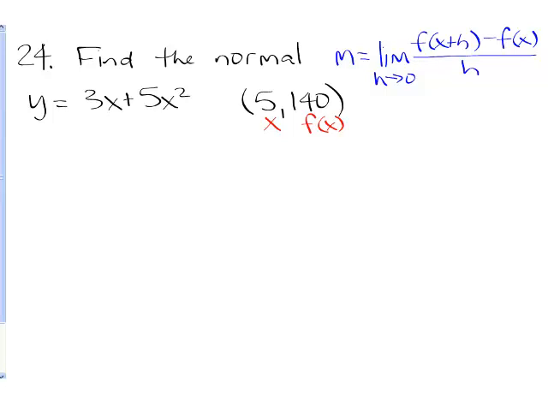So we've got to find that guy. And then the normal is going to be perpendicular to the slope. That's what the normal is going to be. So once we figure out what our slope is, we have to find the perpendicular slope.